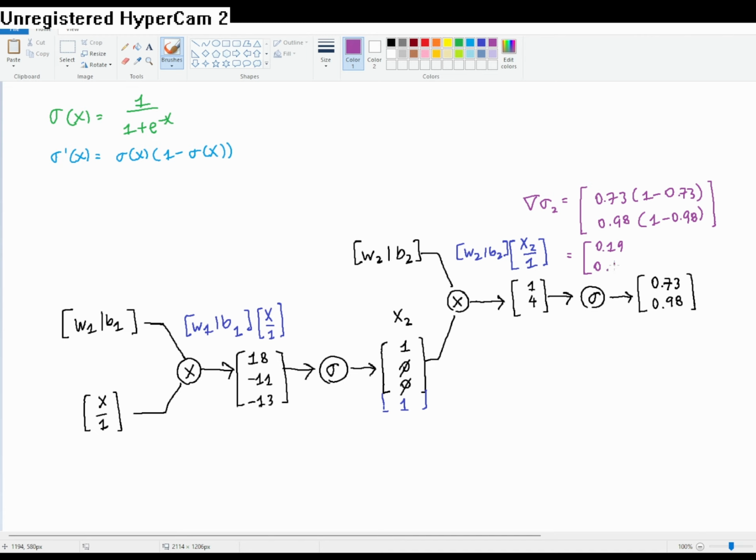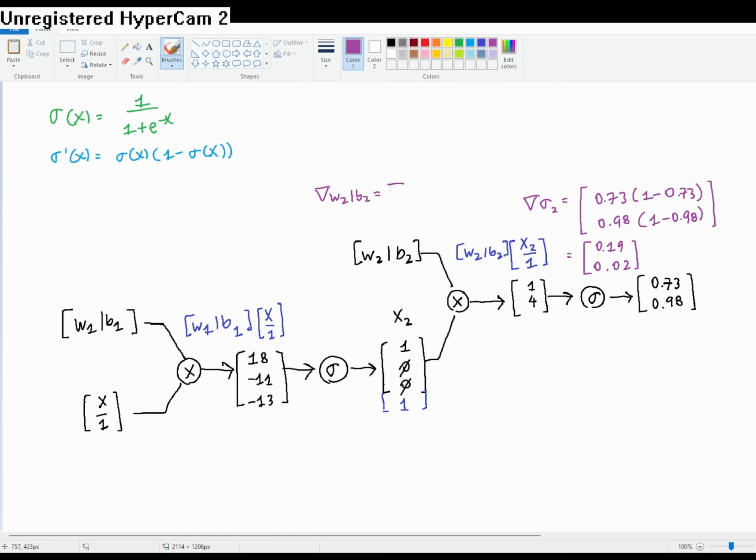This is pretty straightforward. Now for the meat of the back propagation. This is our multiplication of the two vectors. Now, I'm going to write a couple things down here, but do not worry. I'm going to explain exactly what's going on. So let's begin by writing the equation. What is going to be the gradient of the second weight and second bias wrapped?